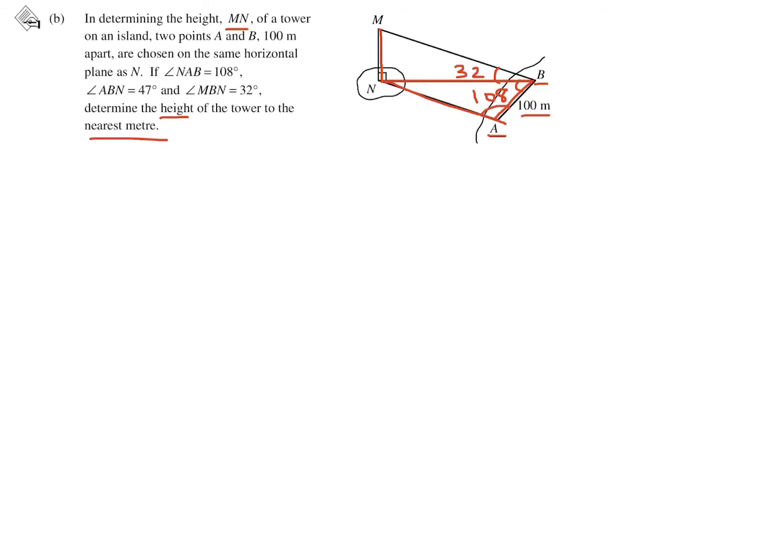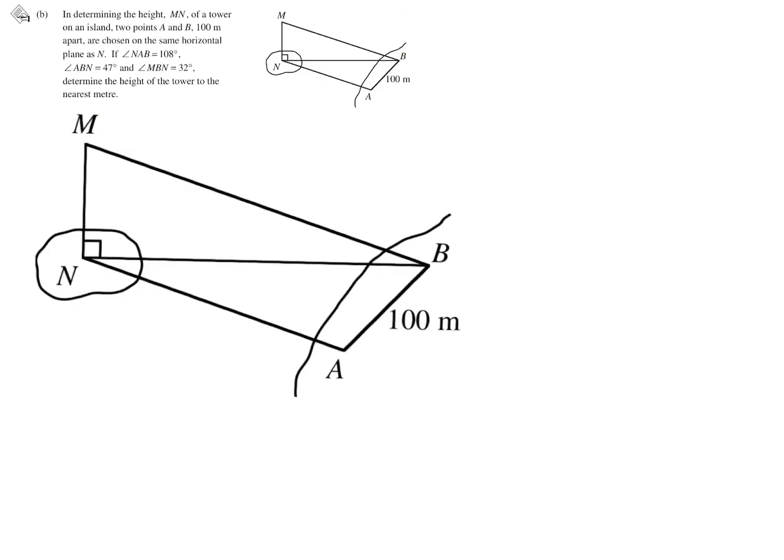Okay, let's draw this out a bit bigger. I blew that up so that we can work with this a little better. Let's start labeling things as best we can. NAB, this angle in here, is 108 degrees.